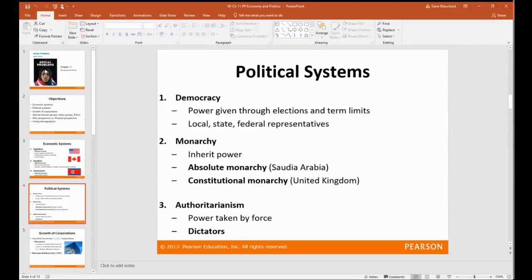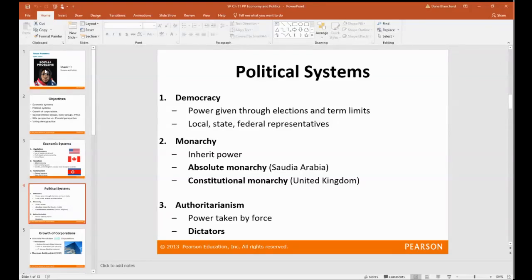The second one is a monarchy, and this is where power is inherited traditionally through the bloodline. Two main types of monarchies. For many, many hundreds of years, the vast majority of the world, if they had kings and queens, they had what's known as an absolute monarchy.